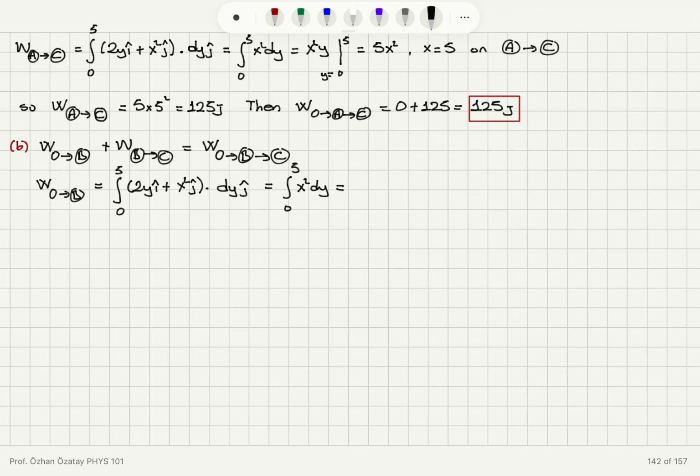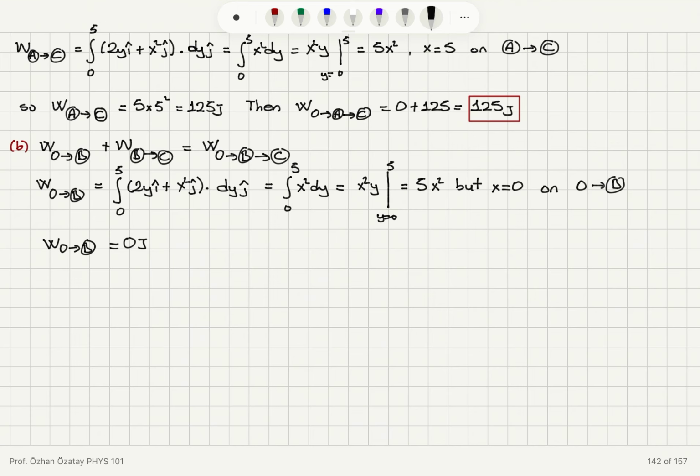So this will become x squared y, changing from 0 to 5. So that's again 5x squared. But we still have x equals 0 on this path from point O to point B. So we find that there is no contribution from the motion from point O to point B.